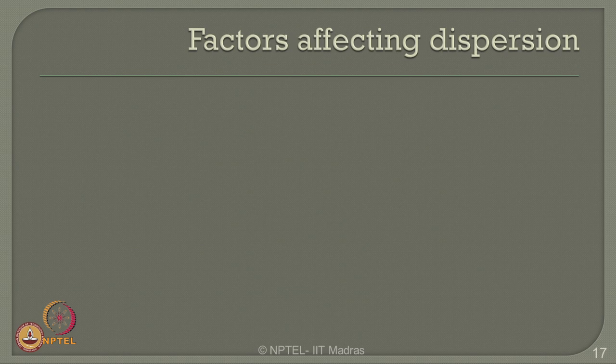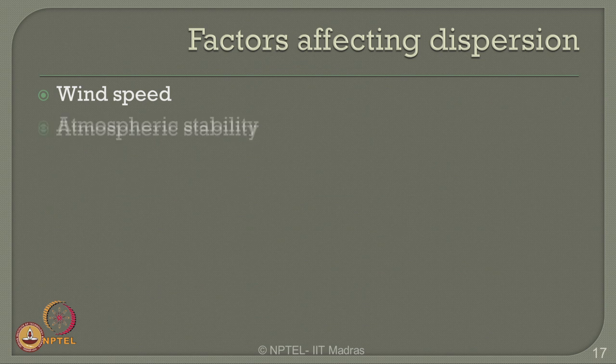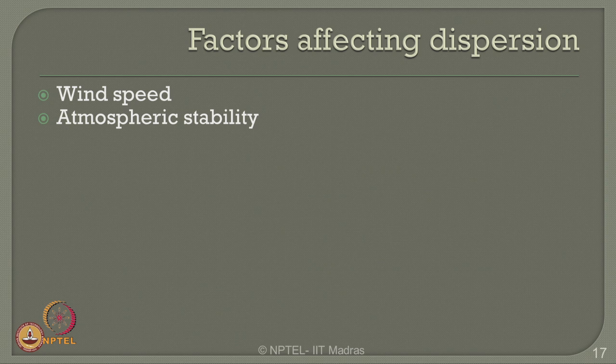Now one can also remember and recollect what the factors are which can affect dispersion release models. Most importantly, we all agree that the dispersion will become effective and widespread essentially based on the wind velocity at a specific location. It also depends upon the atmospheric stability class, which I will discuss in the next slide.